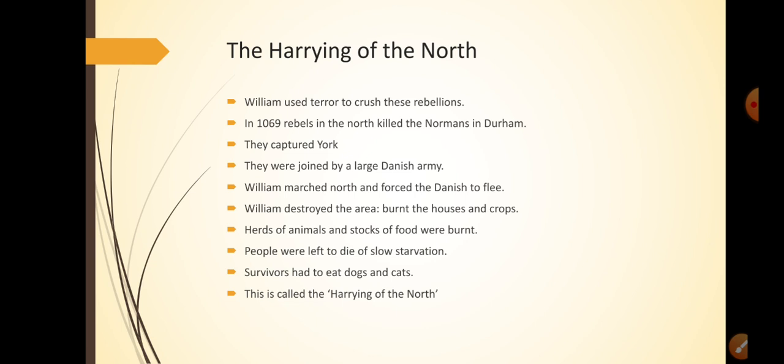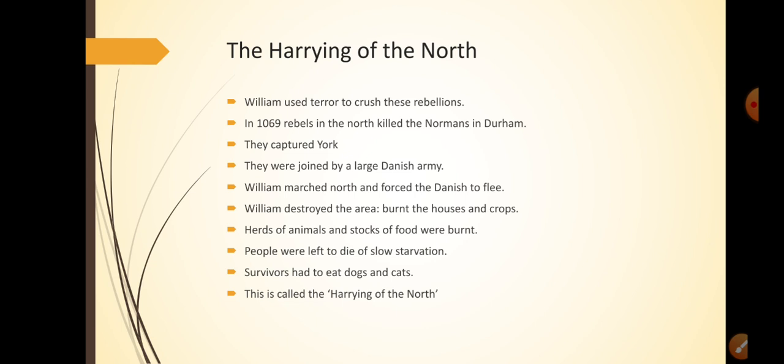Now, William destroyed the area completely. Okay, now you can see his brutal force. Because the North rebelled against him, he burned the houses and the crops. Herds of animals and stocks of food were burnt. Okay, so people were left to die of slow starvation. So those people who were not killed in the fight, they were left there to die because there was no food. Everything was burnt. The stocks were burnt.